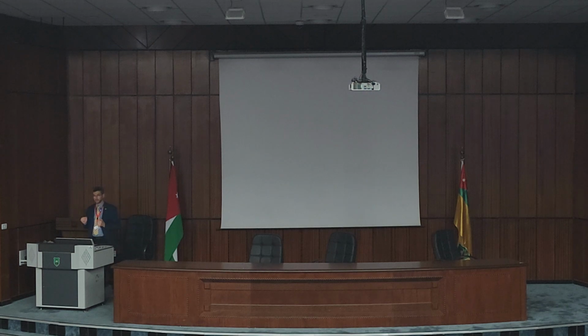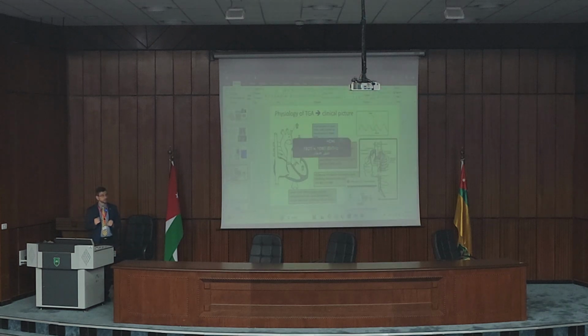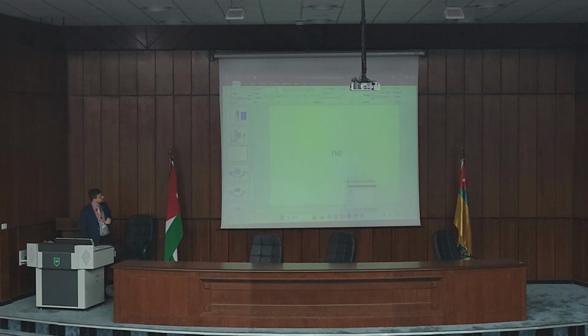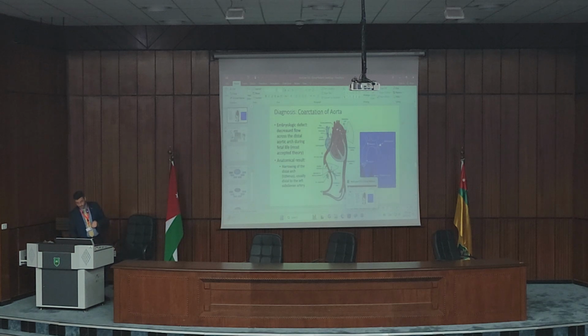So that's the most vulnerable area in the aortic arch. So you will get the narrowing right at this area, distal to the left subclavian, if you have compromised blood supply to the left ventricle.